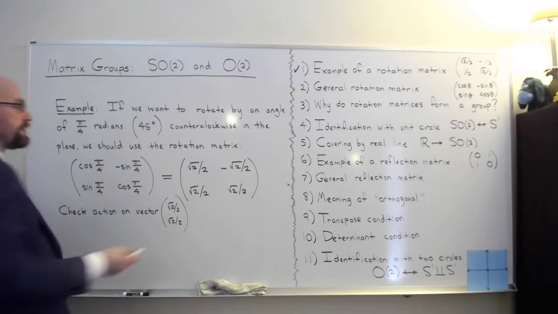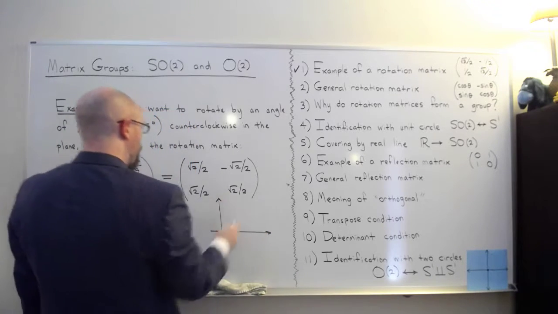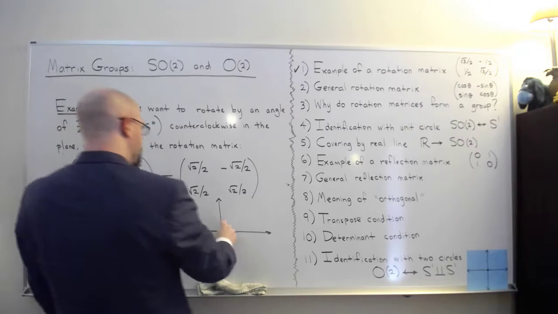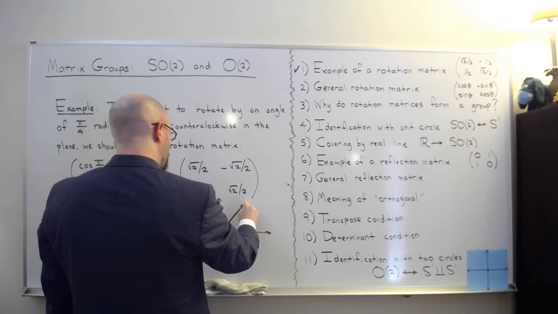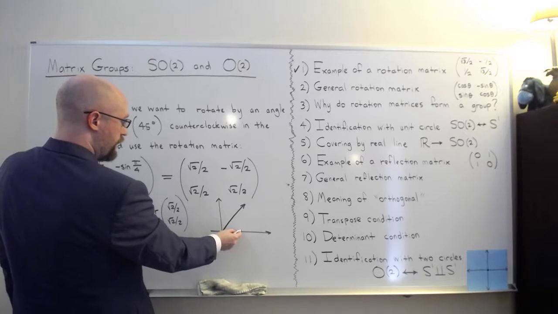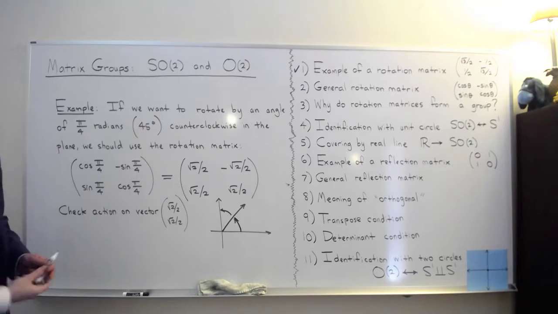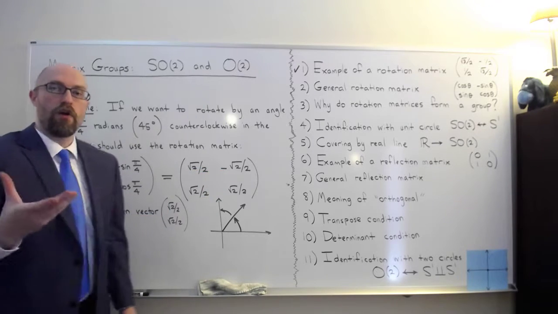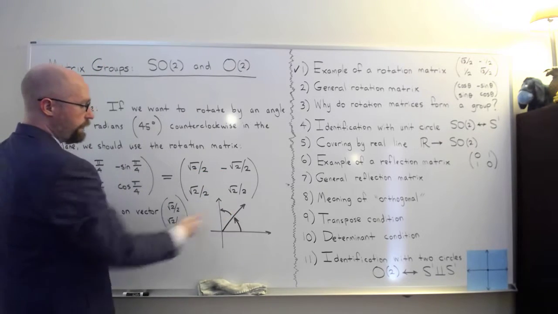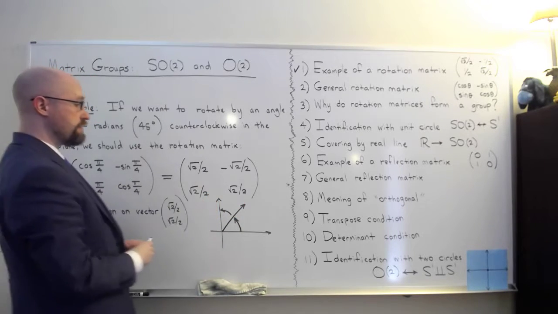And the reason I'm choosing this one is because you will know before I tell you what the matrix should do to it, right? Because this one is rotated halfway from here up to here. And so if this matrix does what I told you it's supposed to do, then it ought to take that vector there and rotate it the rest of the way straight up.